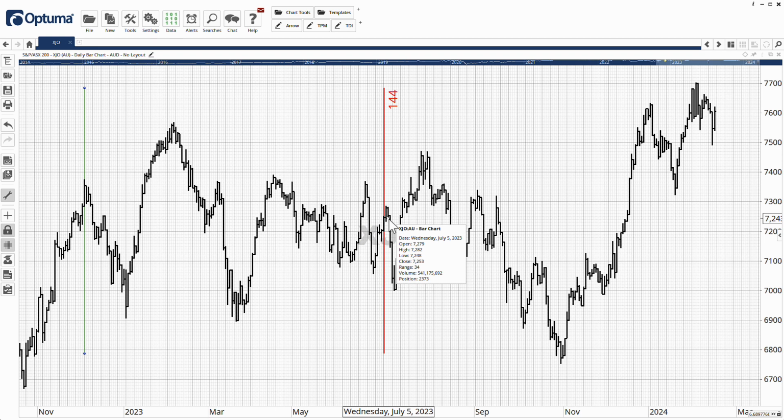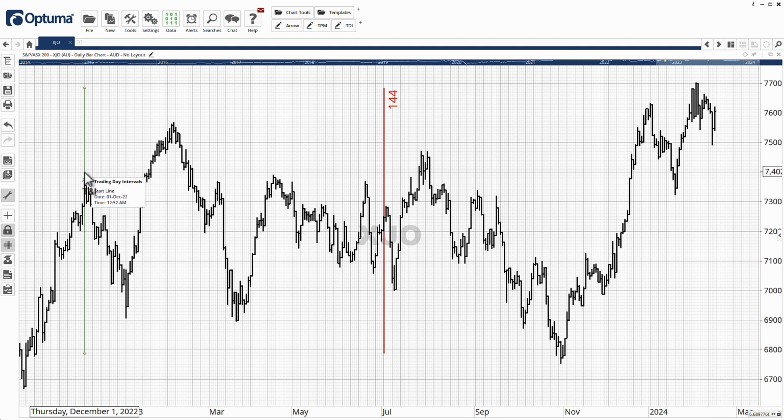Getting short at the break of the low here at around 7,243, and then following the market down when it breaks the high of this bar here at around 7,100, you've picked up around 140 points of profit in that trade. At $10 per point within 3 or 4 days, you've just made $1,400. And it was all due to the fact that we recognized that there was a potential time factor which could reverse the trend or direction.